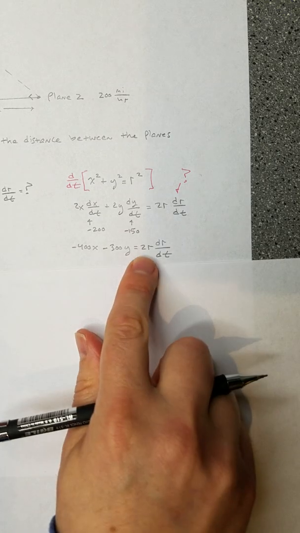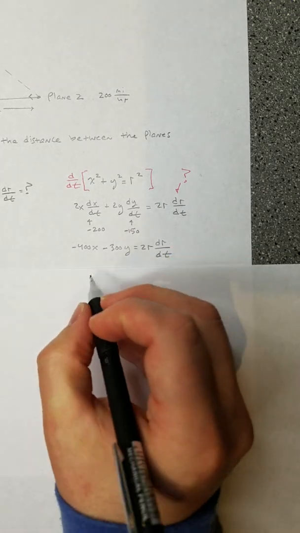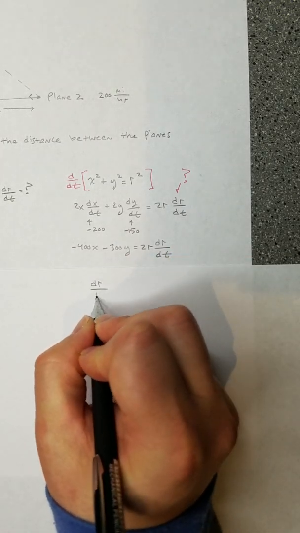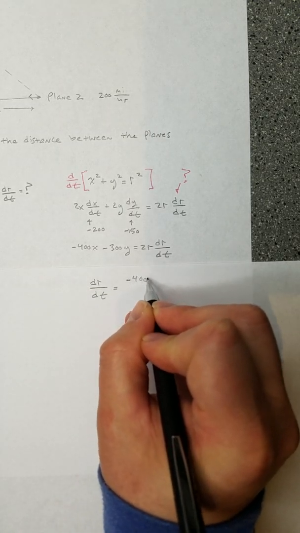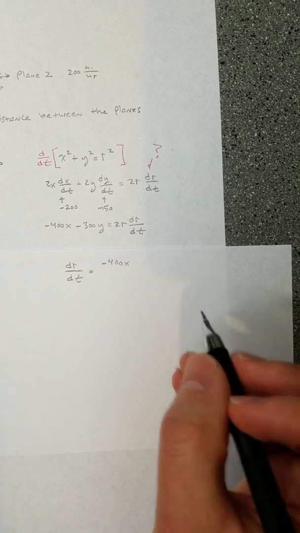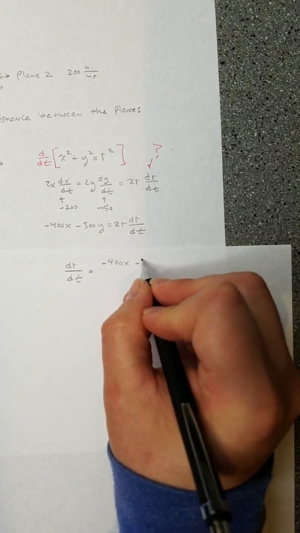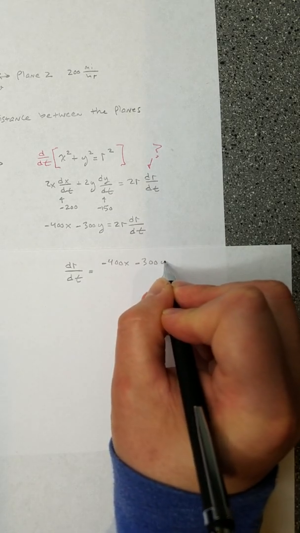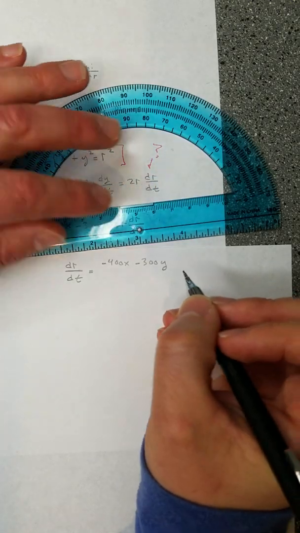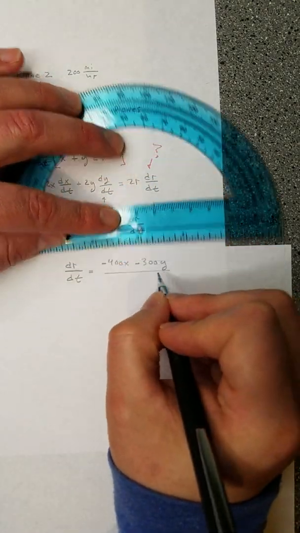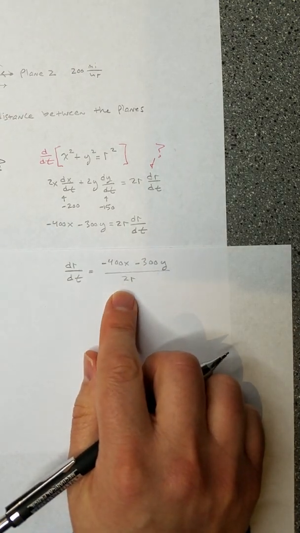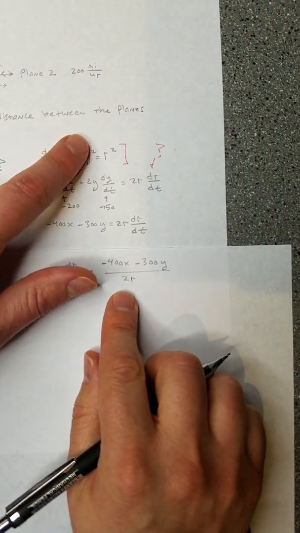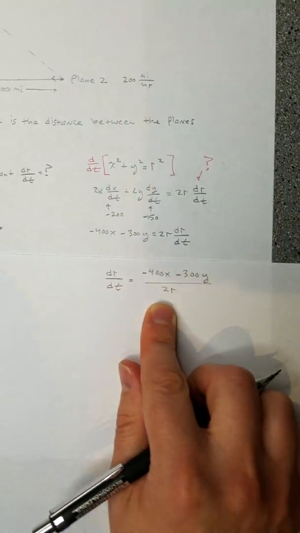If I just divided by 2r, I would get it. dr/dt is negative 400x minus 300y over 2r. Okay, that's the number that's going to tell you how fast the distance between the planes is changing.